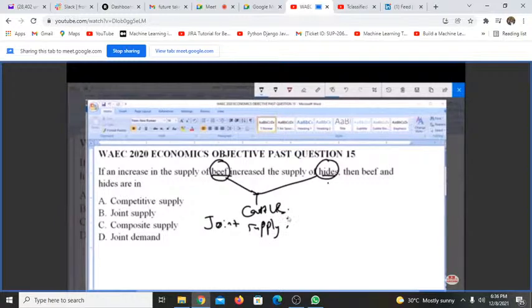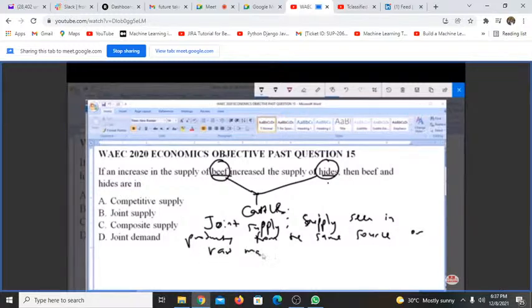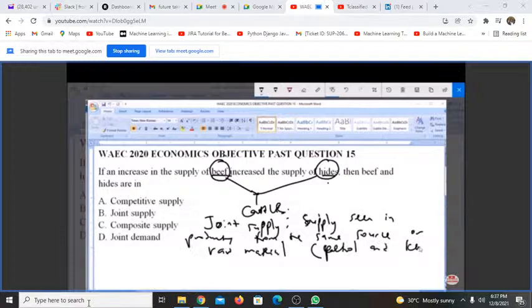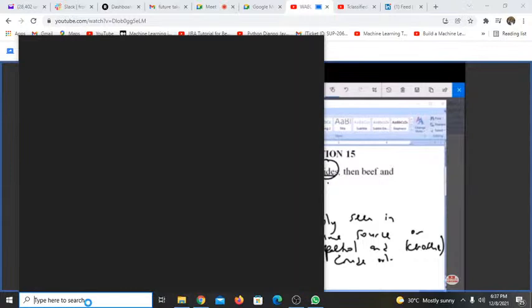Now, in joint supply, it's a type of supply seen in products from the same source or raw material. Now, another example is seen in petrol and kerosene, gotten from the same source, that is crude oil. So, both beef and hides are gotten from cattle, the same source.